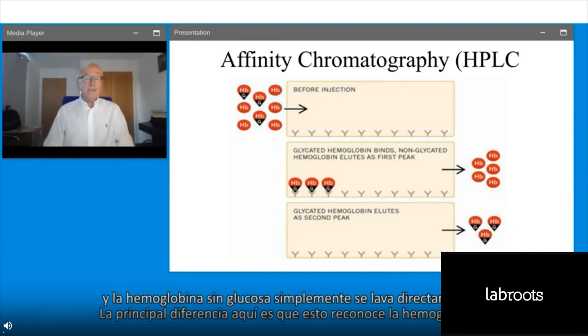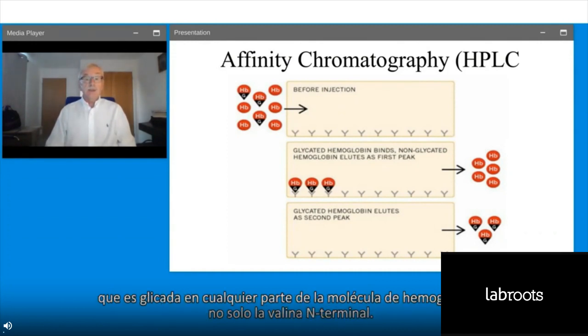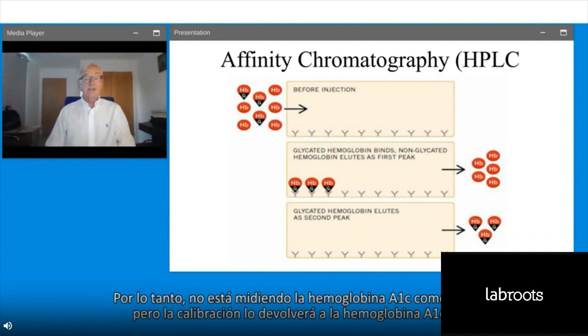But the main difference here is that this recognizes hemoglobin that is glycated at any part of the hemoglobin molecule, not just the N-terminal valine. So you're not measuring hemoglobin A1C as such, but calibration will bring it back to hemoglobin A1C.